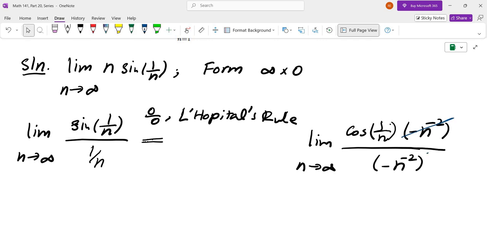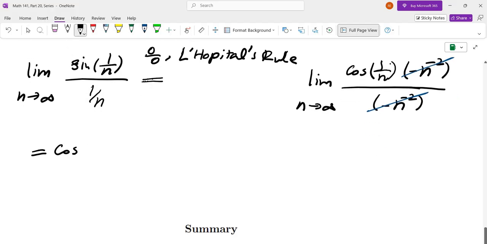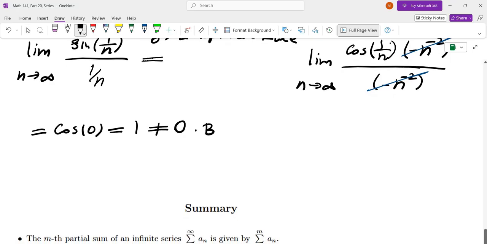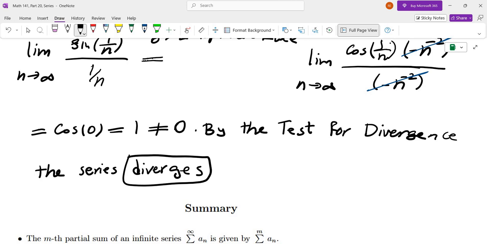So these two in fact do cancel. As n goes to infinity, this is going to become cosine of 0, which is 1. Now because this limit is not 0, by the test for divergence, the series diverges. And that is what we wanted to do.